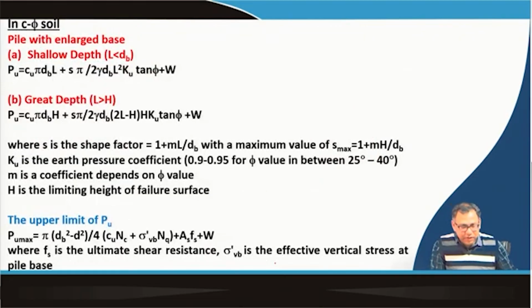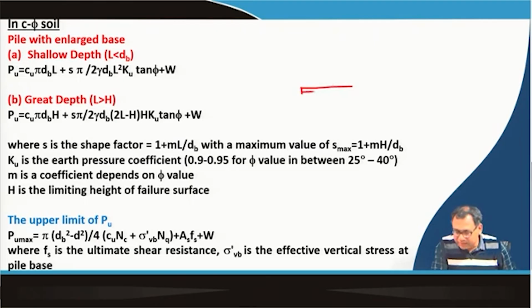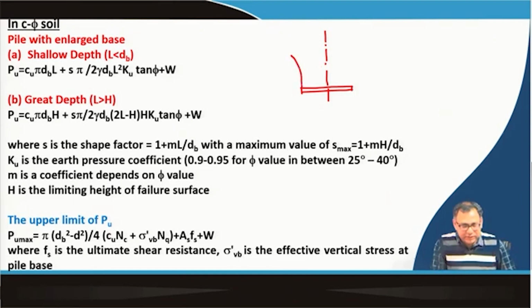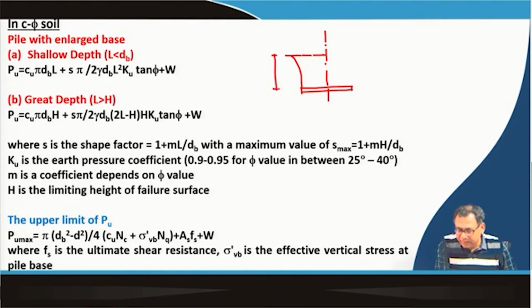Now, similarly for c-phi soil, for shallow depth, I consider two cases of a pile with enlarged base. This is the central line. This is the shallow depth, that means if your L, or length of the pile, this L is the length of the pile.